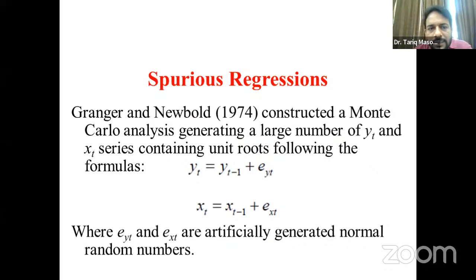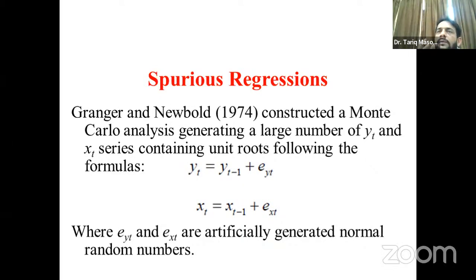So Granger and Newbold constructed a Monte Carlo analysis generating a large number of yt and xt series containing a unit root. So by default, there is a unit root. They generated data of two different series, yt and xt.